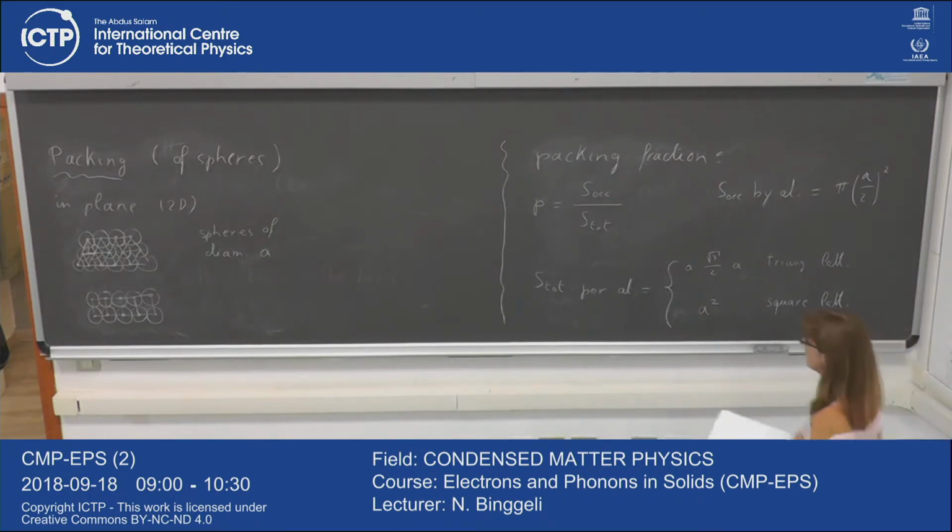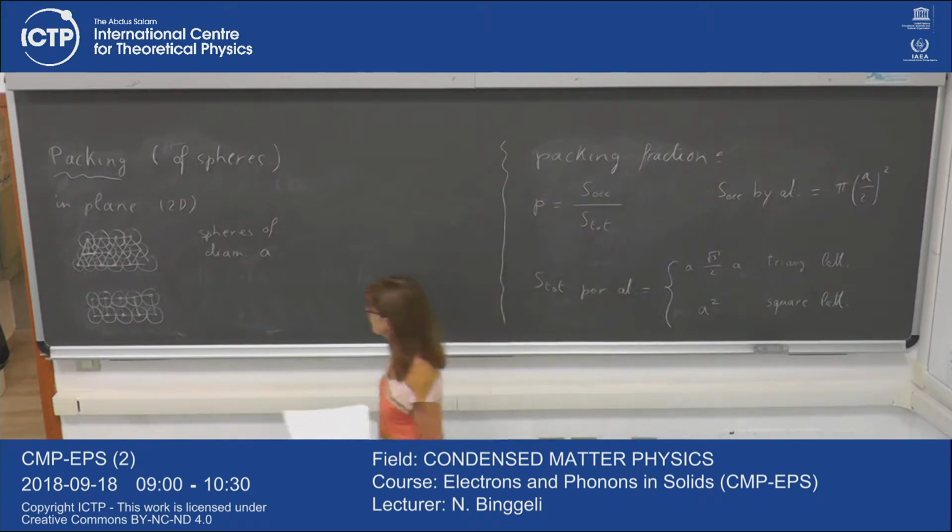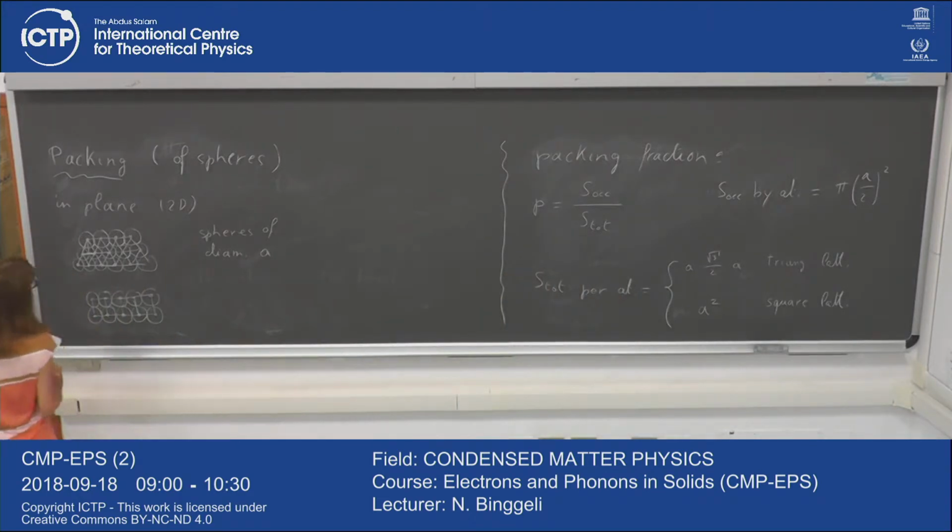So I just calculate the surface per atom, which corresponds in this case just to the surface of this object here, which includes full atoms by putting the pieces together. So this surface is just A times square root of 3 over 2 times A. And here this is just the surface of my square.